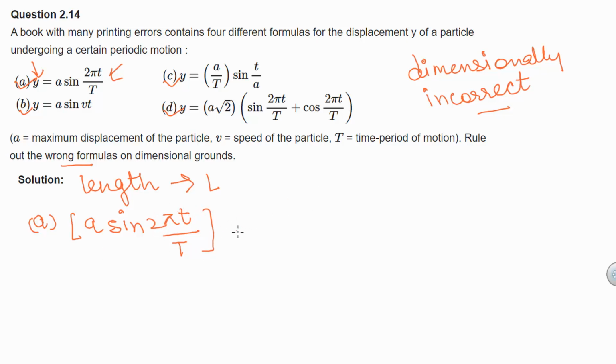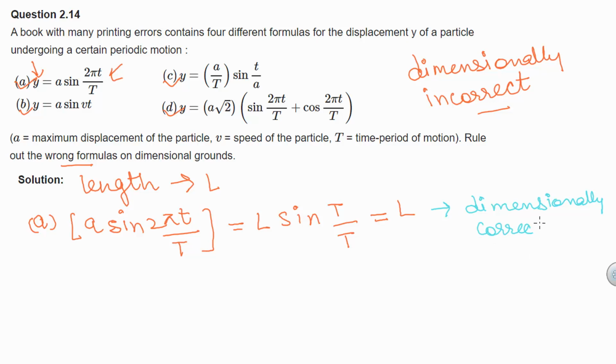So we have dimensions of this case equal to L sin(t/T), which is equal to L. So this relation is dimensionally correct.